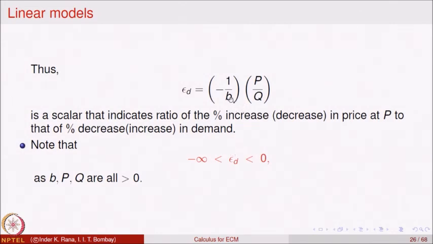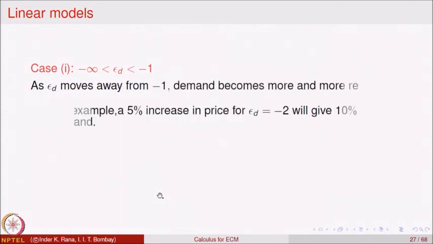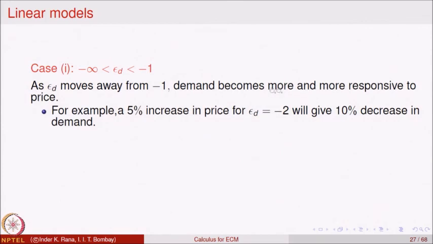So, as it becomes more and more negative, that means B is fixed, right, and Q should become bigger relative to P at a much faster rate. So, the demand becomes more and more responsive to the price.